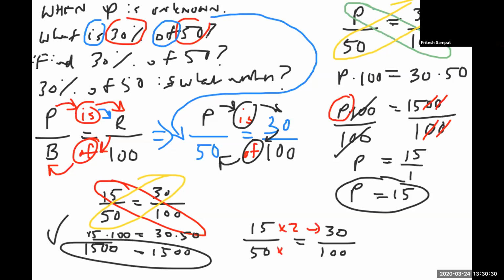And if I multiply the 50 by the same factor, it has to be the same factor, because whatever happens to the numerator happens to the denominator. That gets me 100. So they check off with each other. They make sense. These are different ways to check your work.